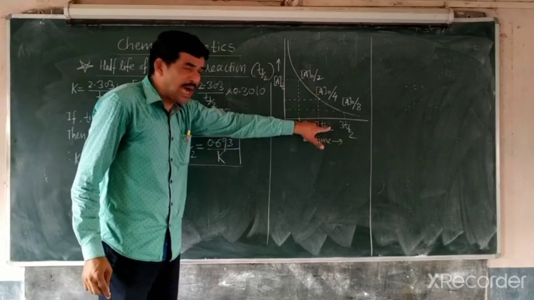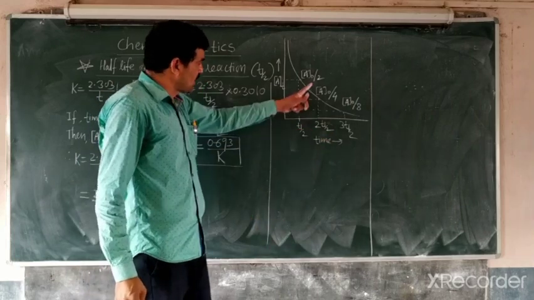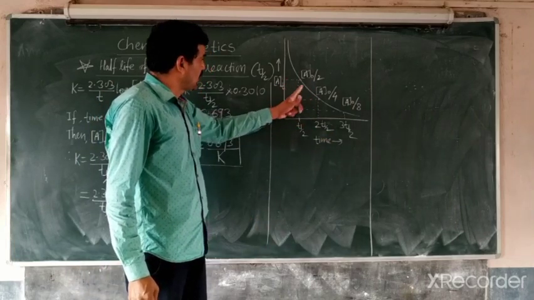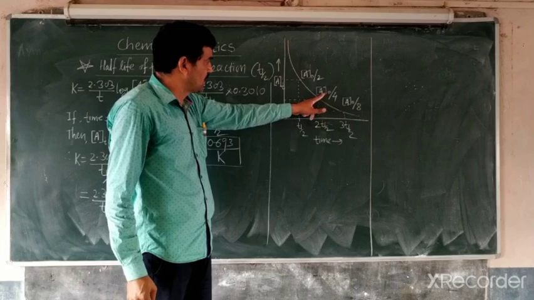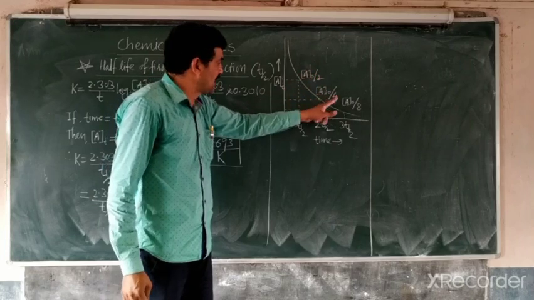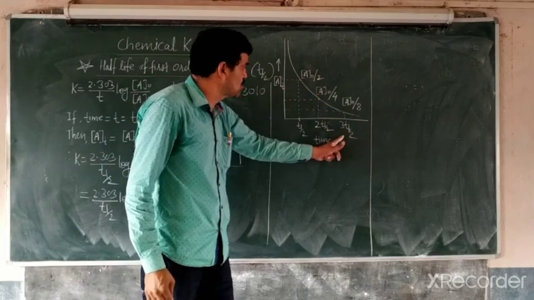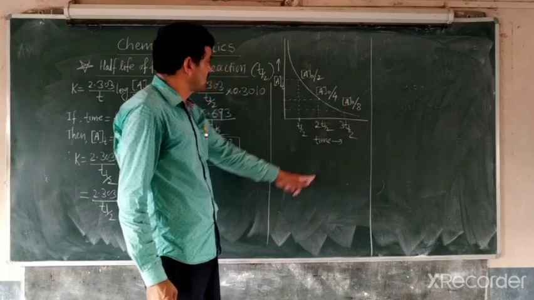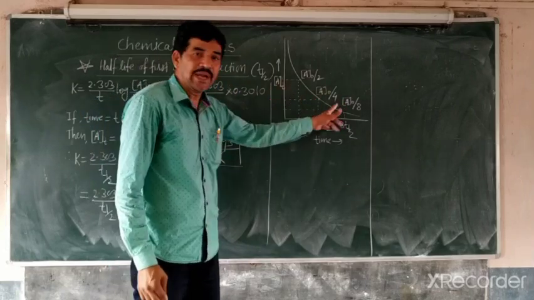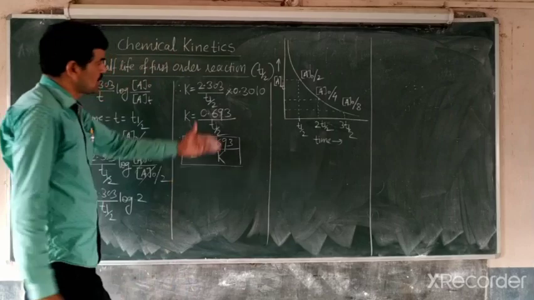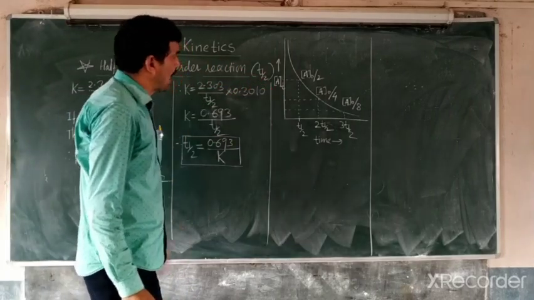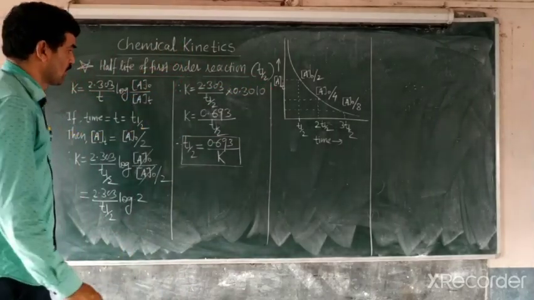After the completion of two half-lives, the concentration remaining behind becomes A0 by 4, where A0 is the initial concentration. And after the completion of three half-lives, the concentration of the reactant which remains behind becomes A0 by 8. So this is a graph of the half-life of the first order reaction.